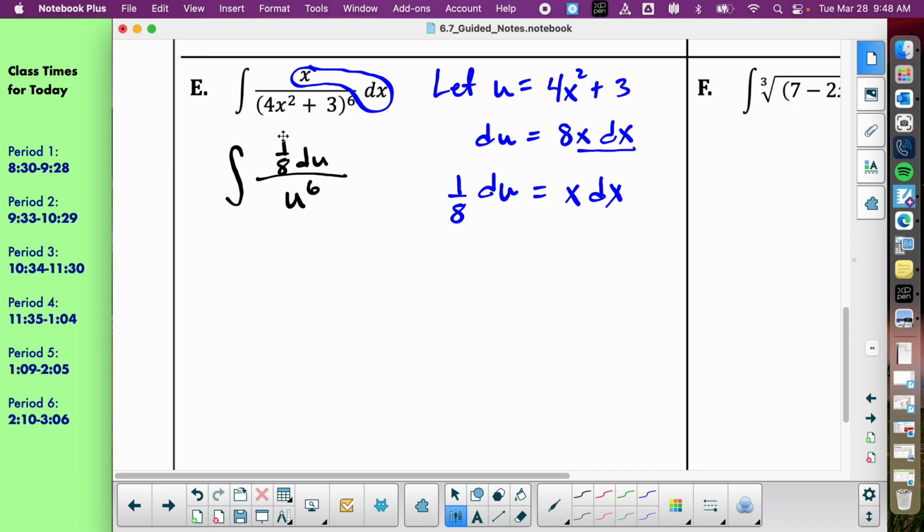The 1/8 is a multiplier, and so a lot of people will just put that out front rather than deal with it. Like they'll ignore it until the end of the problem. Now this says du over u^6, and absolutely correct, you can just move it to the top if you would like and write it as a negative power. That way it's traditionally a lot easier to see that you'll just be using the power rule.